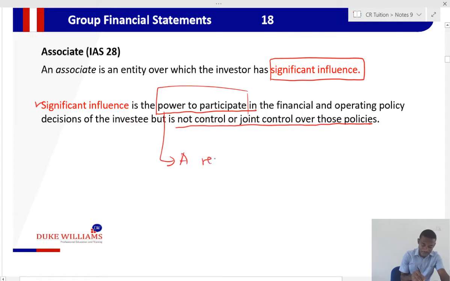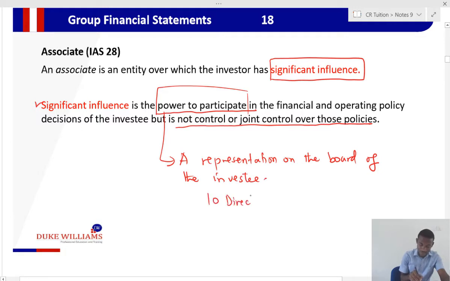Now, the power to participate means that the investor will have a representation on the board of the investee. So if we have 10 directors, the investor would have 2.